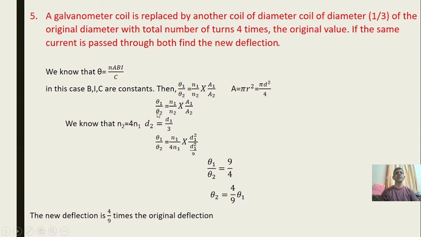Substitute N2 is equal to 4N1 and D2 is equal to D1 by 3. You will get theta 1 by theta 2 is equal to 9 by 4. Therefore, theta 2 is equal to 4 by 9 times theta 1. That means the new deflection is 4 by 9 times the original deflection.